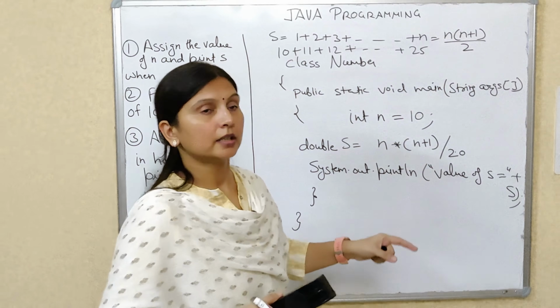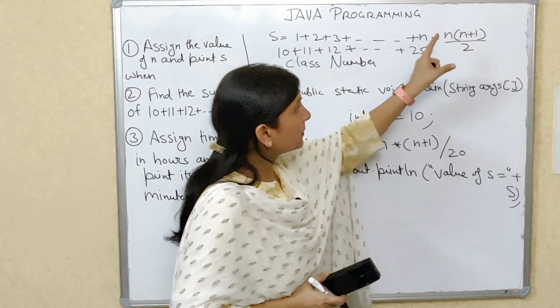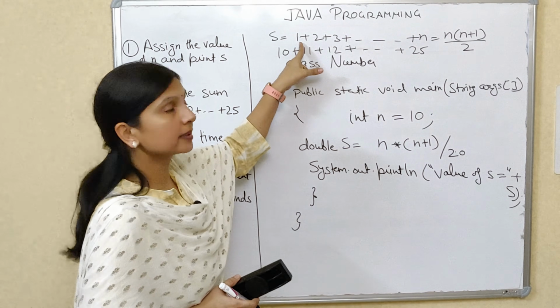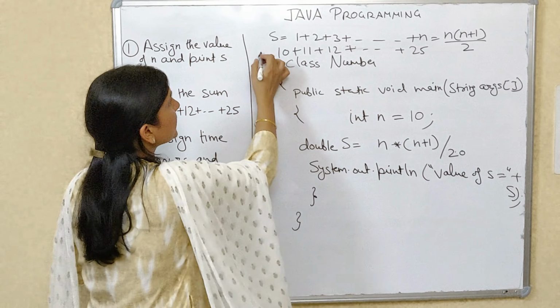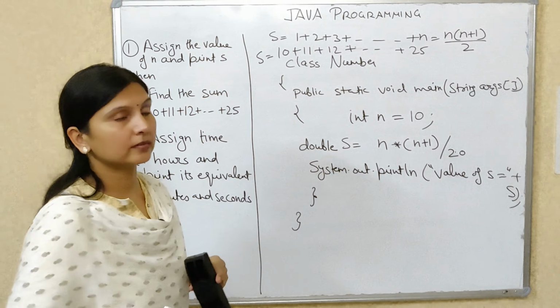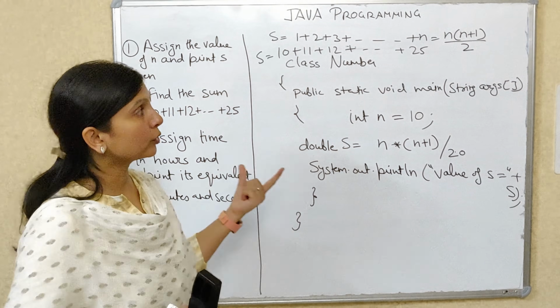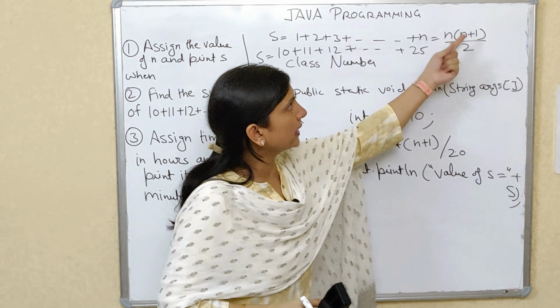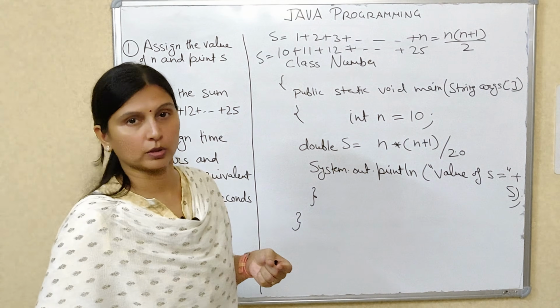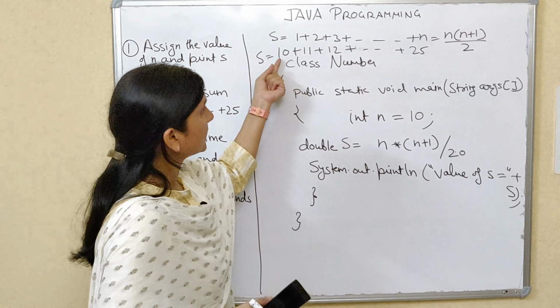This formula. But this formula is applicable when the series starts with 1, and here the series starts with 10. Now what will you do? You cannot use the formula directly. Fine, we cannot take 25 into 25 plus 1 by 2. No, because the series starts with 10 here.